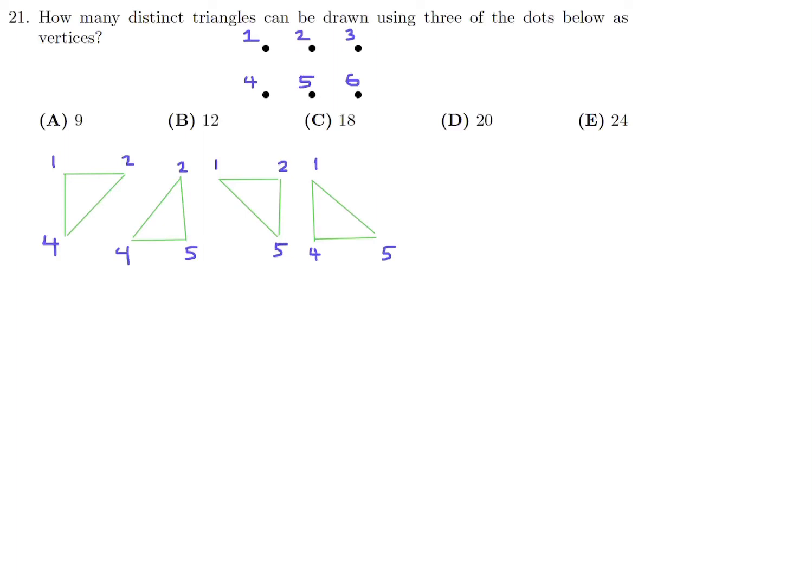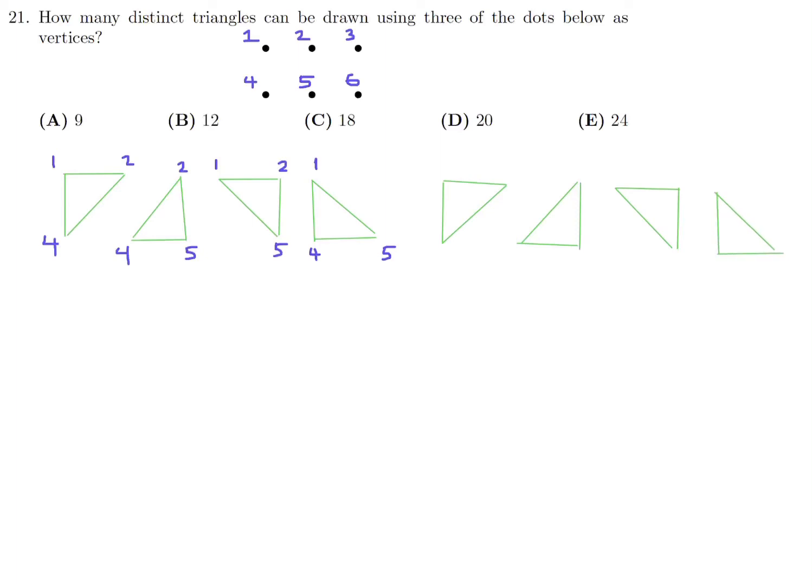Now, that's great, but we can do that again over on this side, and it's basically the same type of triangles. The only thing is that the vertices are going to be different in terms of which numbers I use. So first let's draw in those triangles, and now let's label the vertices.